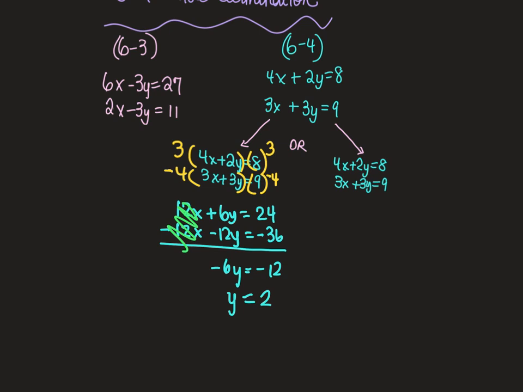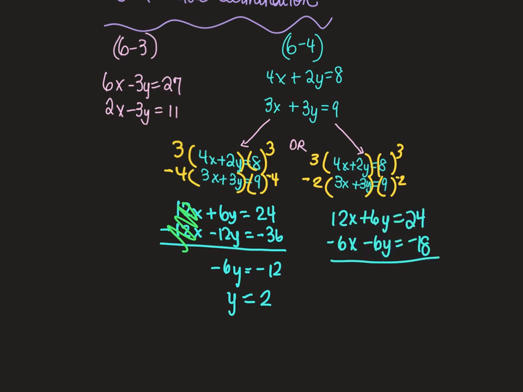But my other option could be to get rid of the y's. I want my 2 and 3 to match each other, so the least common multiple of 2 and 3 is 6. So I'm going to multiply this equation by 3, and I'm going to multiply this equation by 2, but one of them needs to be opposite signs, so I'll multiply the second one by a negative 2.